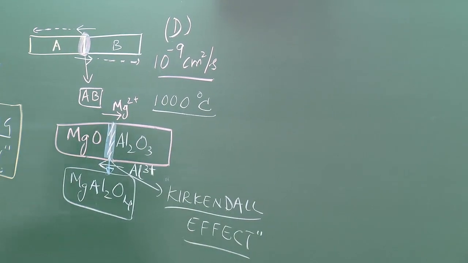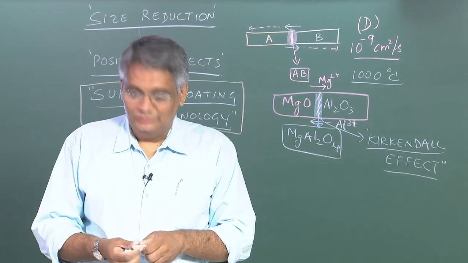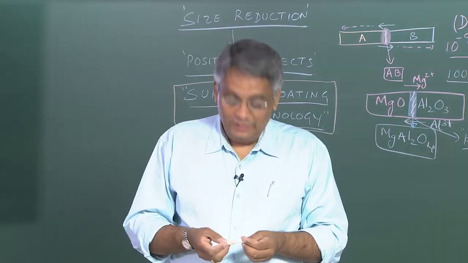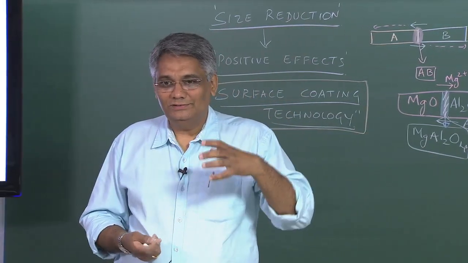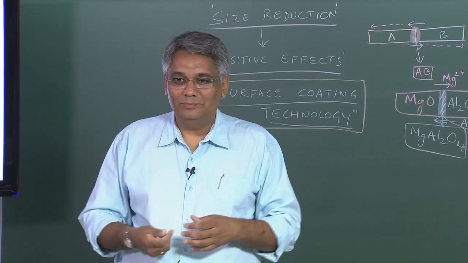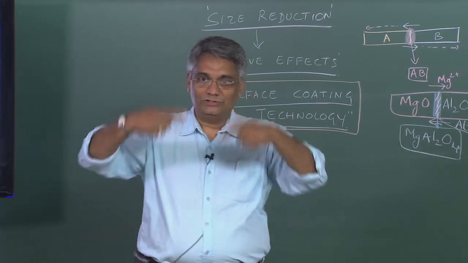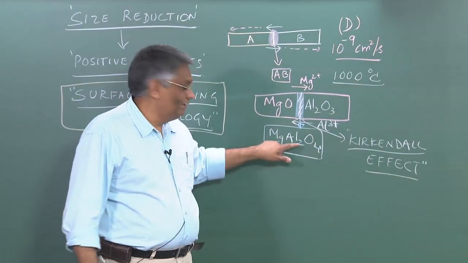Okay? So again, I have these two solid pieces. I put them together in a furnace at 1000 degrees centigrade. So when the temperature is 1000 degrees centigrade inside the furnace, I'm able to visualize what is happening at the interface. So when you start seeing the color change, the color change can be seen in this particular case.